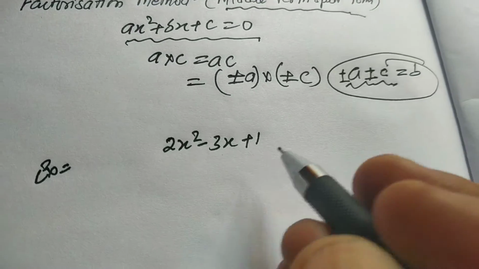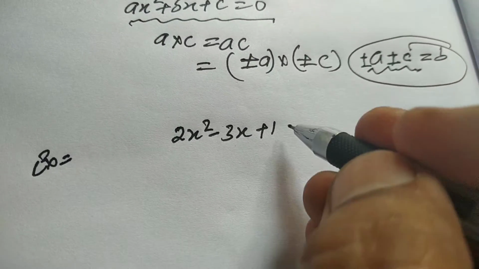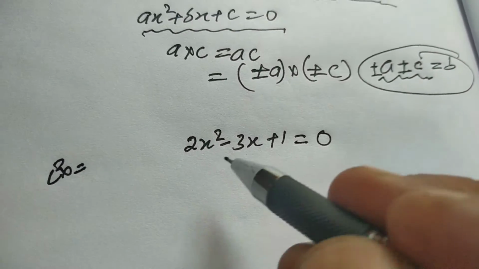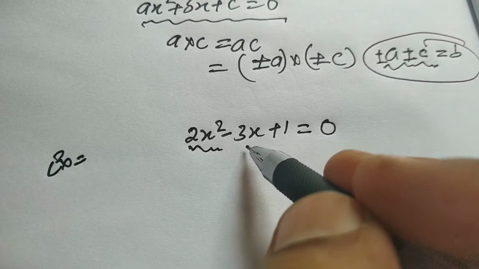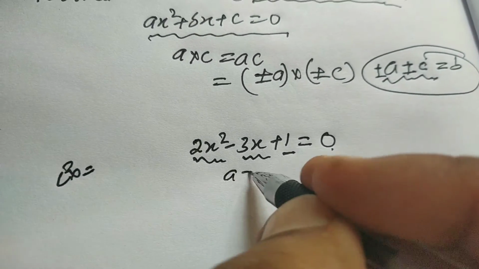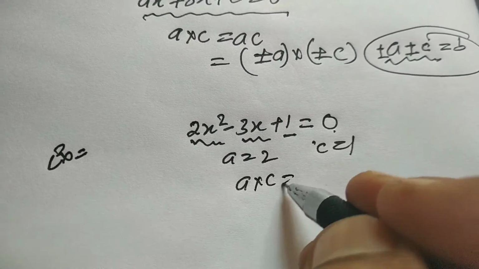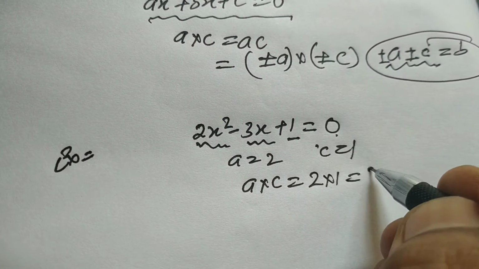Let's do an example. We have a quadratic equation, 2x square minus 3x plus 1 is equal to 0. a is 2 and c is 1. First we do a into c, that means 2 into 1 is equal to 2.